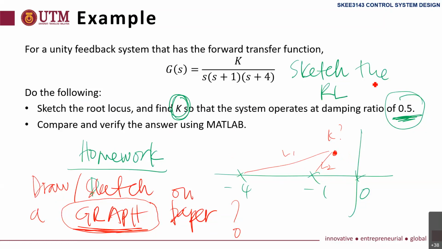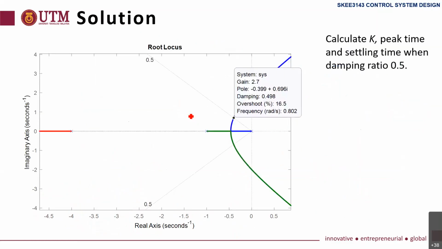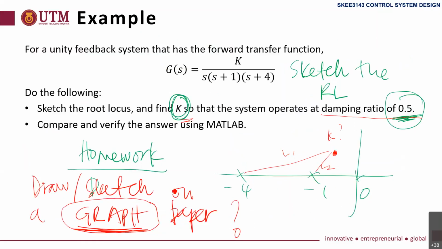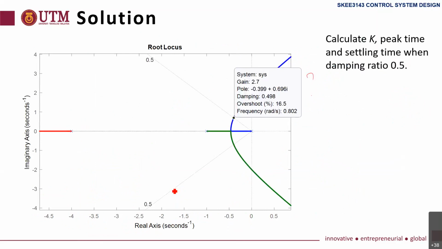And use the right tool to measure damping ratio 0.5. Then calculate K. The answer is already given here, but try yourself first, then compare with the answer. This was obtained by using MATLAB. Later we discuss MATLAB.